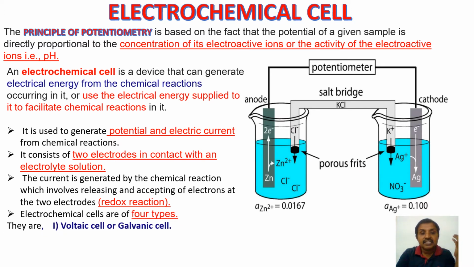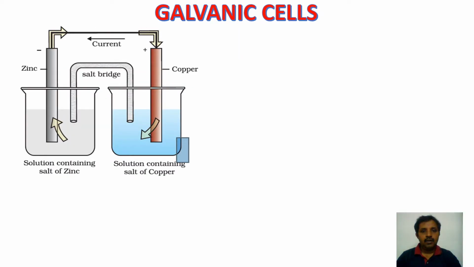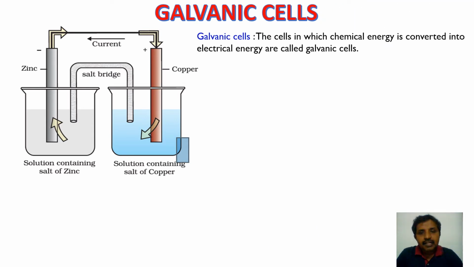The electrochemical cells are of four types: voltaic cell, galvanic cell, electrolytic cells, concentration cells, and fuel cells. Now let us discuss galvanic cells. The cells in which chemical energy is converted into electrical energy are called galvanic cells.